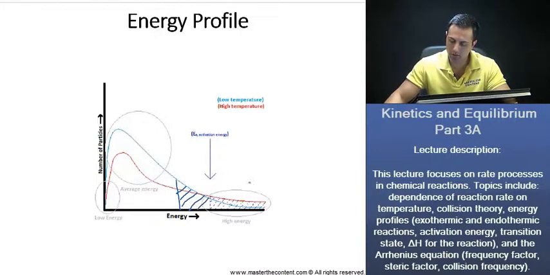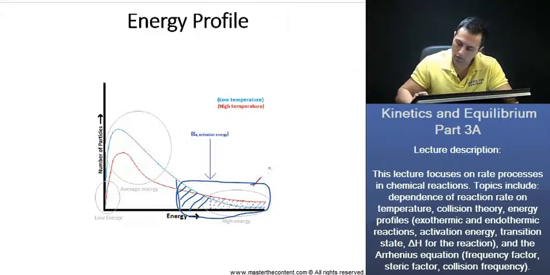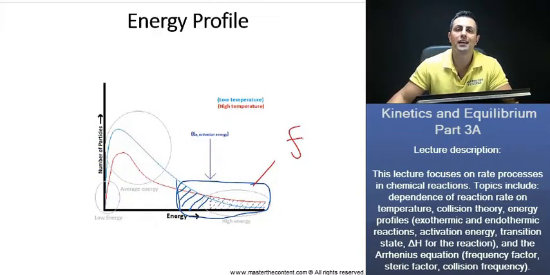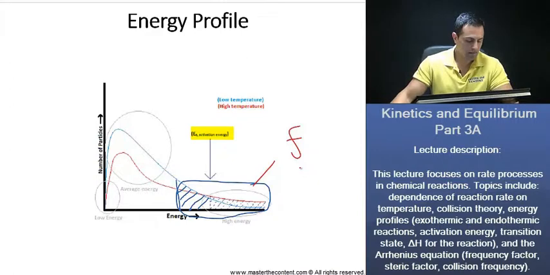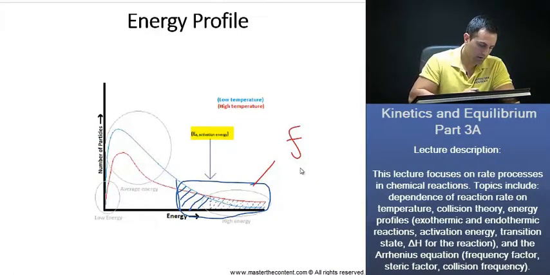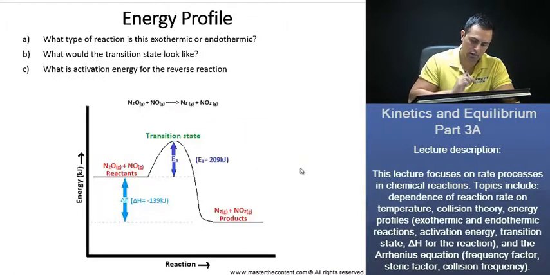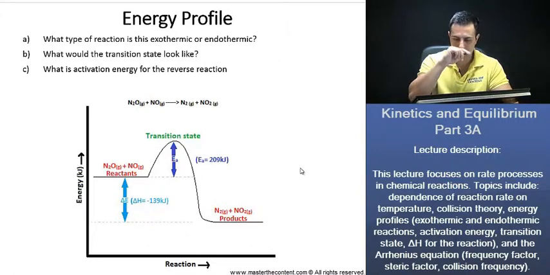So therefore now, all of this here will be the fraction of particles with energy equal to or greater than the activation energy. Okay, wonderful. Let's actually move to our next slide now, and we'll take a look at an actual reaction.